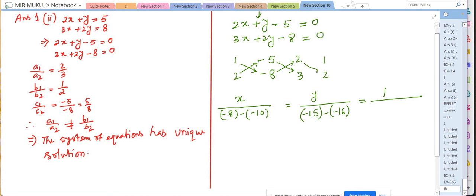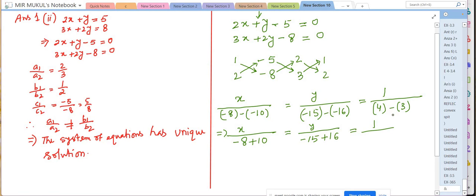Then 2 into 2 is 4, minus 3 into 1 is 3. So what are we getting? x divided by minus 8 plus 10, y divided by minus 15 plus 16, and 1 divided by 4 minus 3, which is 1.